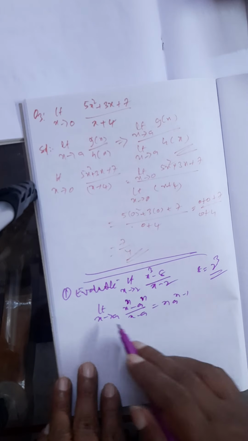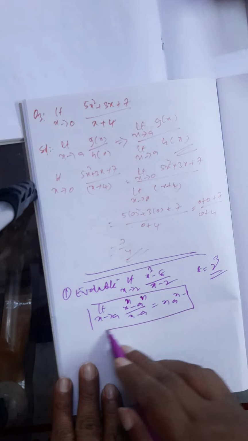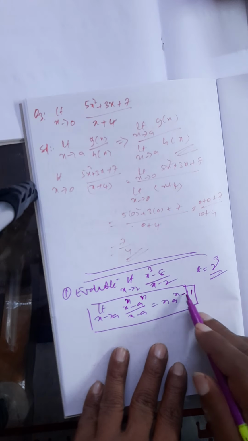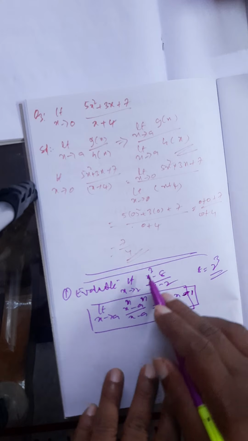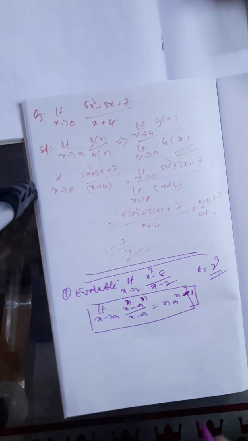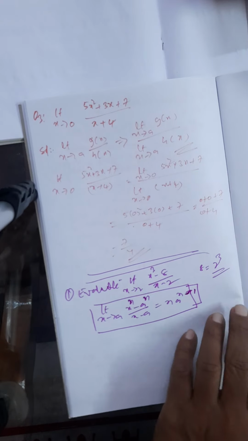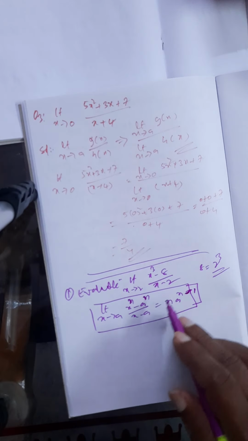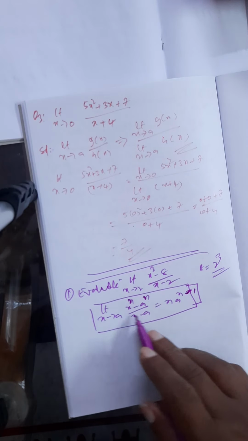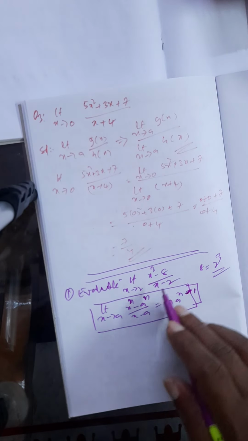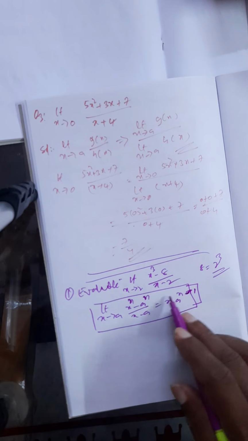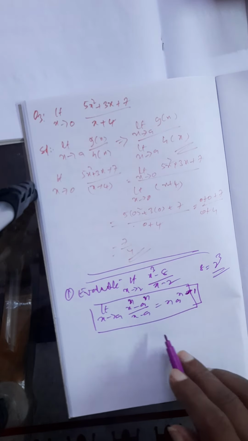Why? Because if you directly apply, you will get 0 in the numerator: 2 cube minus 8, and in the denominator 2 minus 2, 0. So this is not a valid limit. So we have to apply this formula to get the value, the denominator will get cancelled, and you will get the value equal to n a power n minus 1.